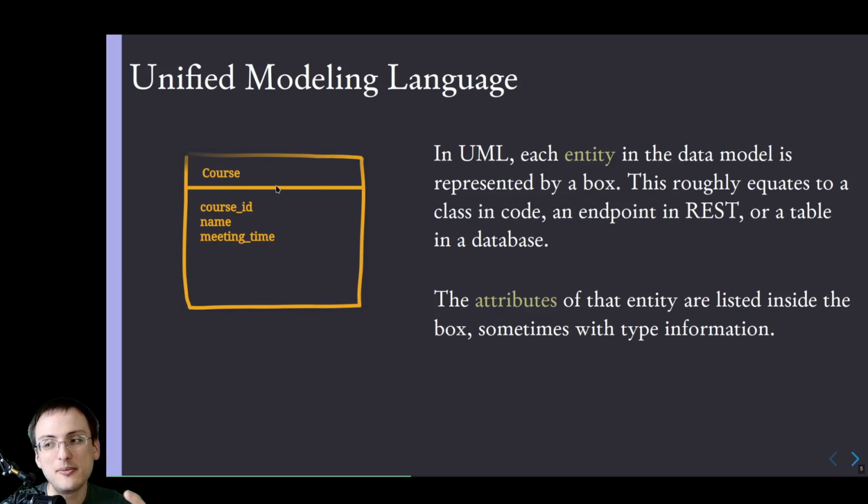And then beneath that in the body here, we create a list of the details that that one thing has. Like our course might have a course ID, a name, and a meeting time. These are sort of like the attributes of that class, the fields that each object gets its own copy of.